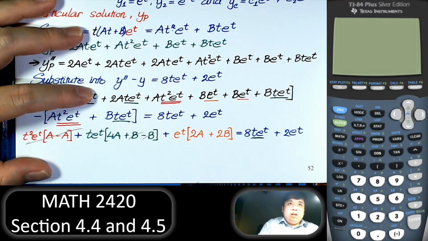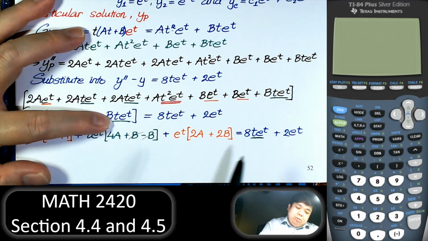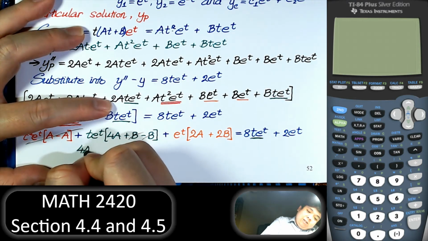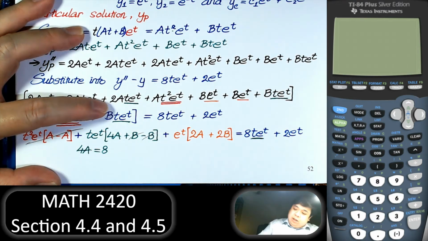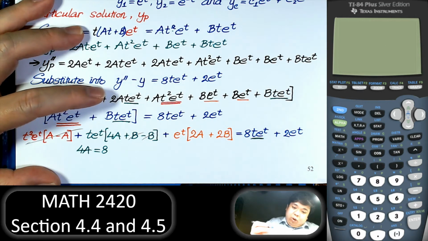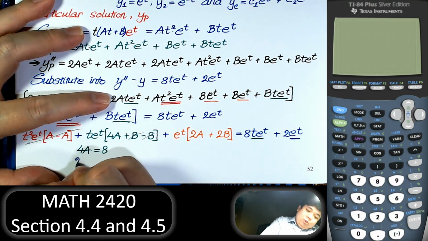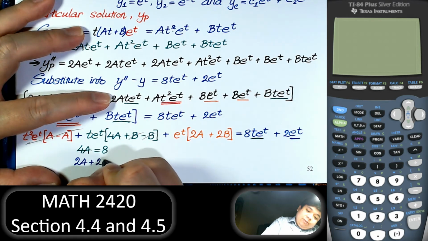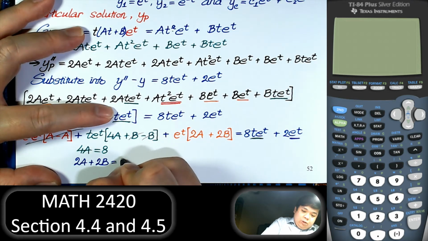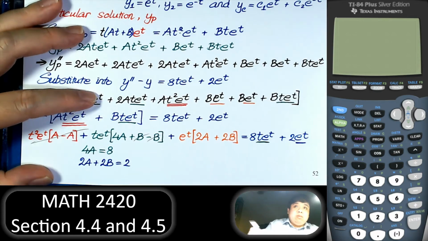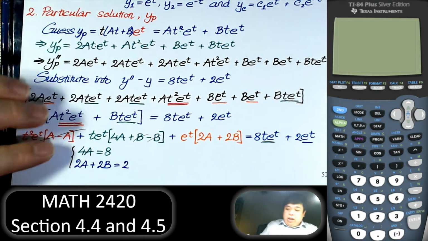The same thing, the coefficient has to be equal to 8. And then when we match the e to the t with this, we have 2a plus 2b is equal to 2. So that is the system of equations that we have.